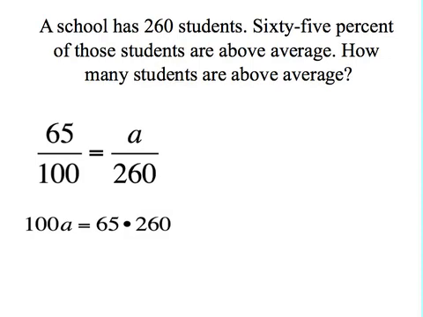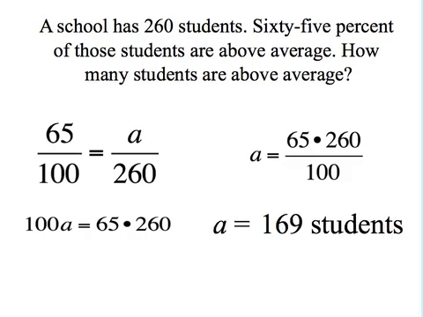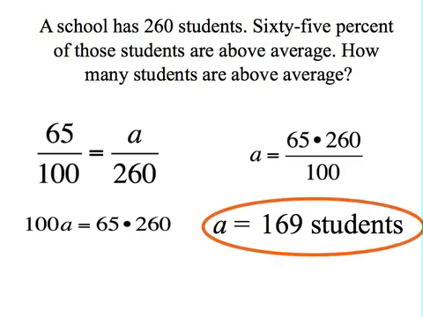We apply the means extremes property, divide by 100, we get out our calculators, we do 65 times 260, get a product, and then divide that product by 100, and we get that A is 169 students, the number of above average students at this school.